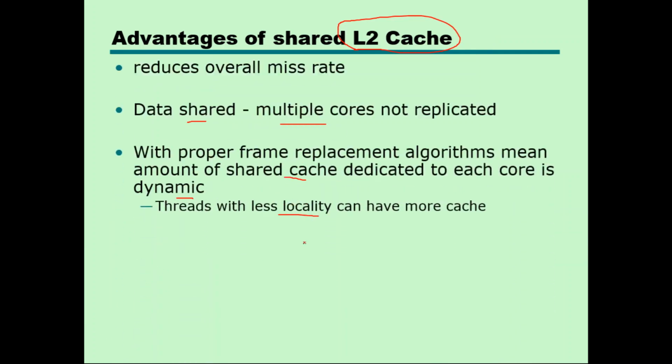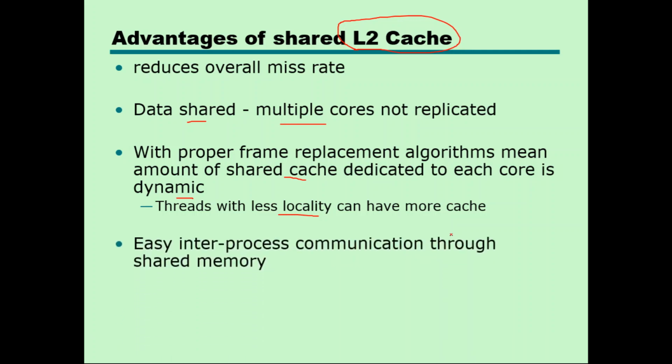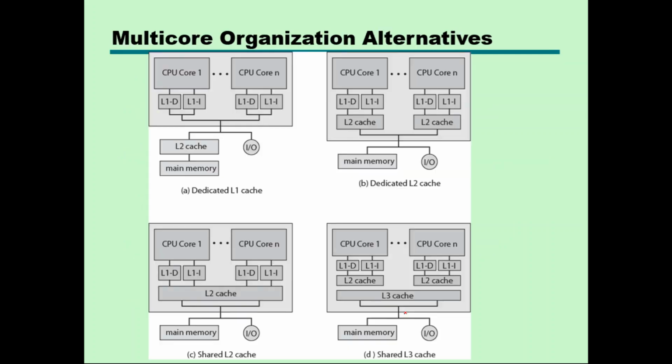So threads with less locality of reference can have more cache. With shared L2 cache, inter-process communication is also possible: two processes can communicate through the shared cache and pass messages to each other. And cache coherence is limited to only L1, because L2 is shared. Cache coherence means the cache should be consistent.